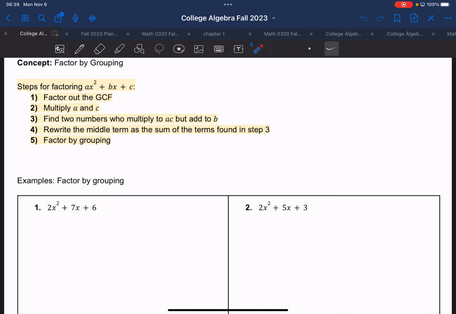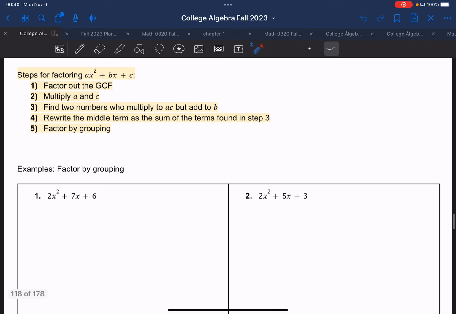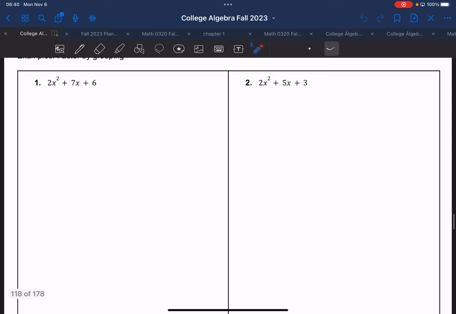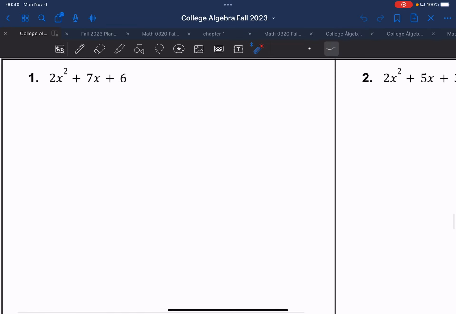Then we find 2 numbers that multiply to A times C, but add to B. What's the B in example 1? 7. And then we rewrite the middle term, and that will give us those 4 terms to do factor by grouping. And then we continue to that part. It will make more sense when we look at the example.